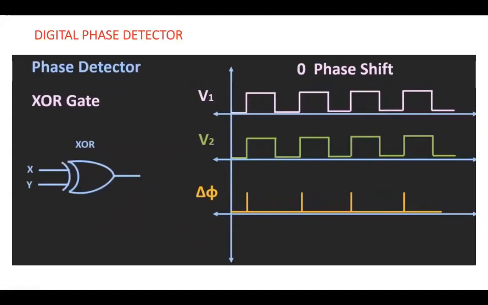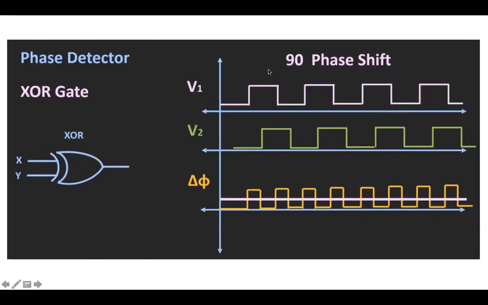In the 0 case, they are aligned on the same line. But when I go to 90-degree phase shift, V2 is shifted a little towards the right. So wherever this portion is high, I'm having a high pulse. This is working like my XOR gate. This is 1 0, so I'm getting 1. When it is 1 1, I'm getting 0.